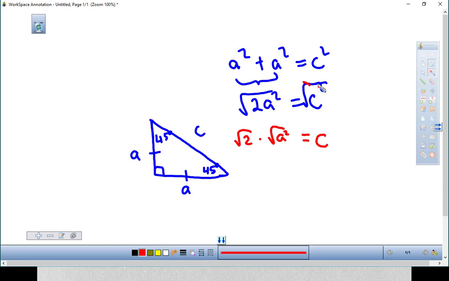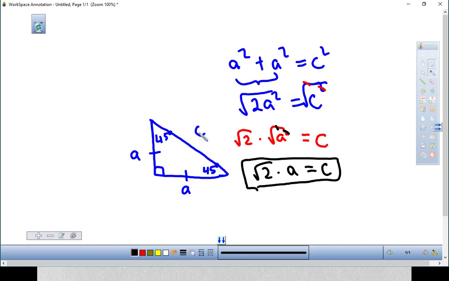Just like before, the square and the square root cancel. So this is equal to the square root of 2 times a, equal to c. That's the result we get.